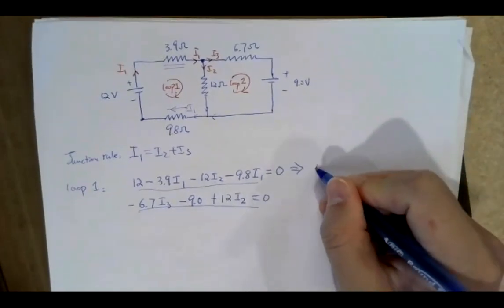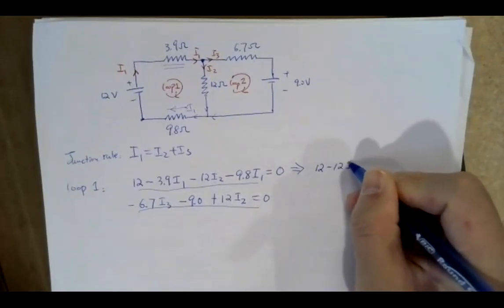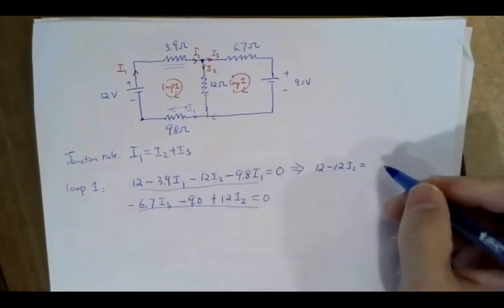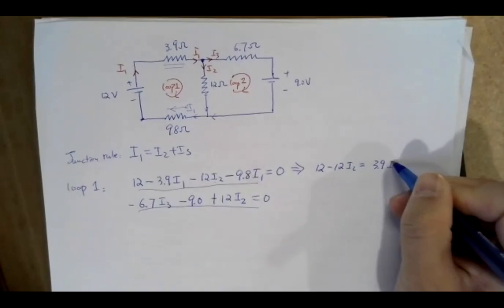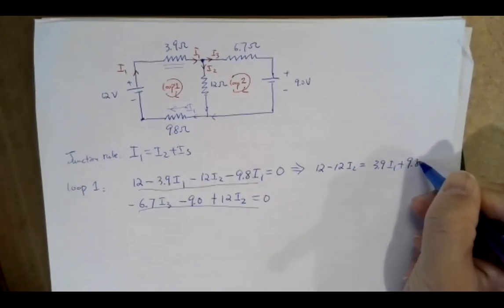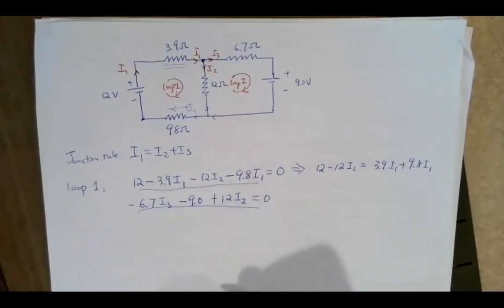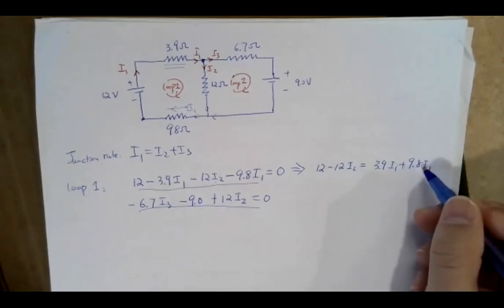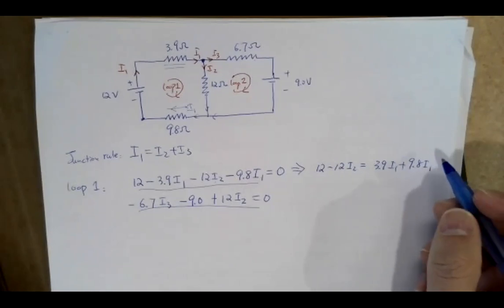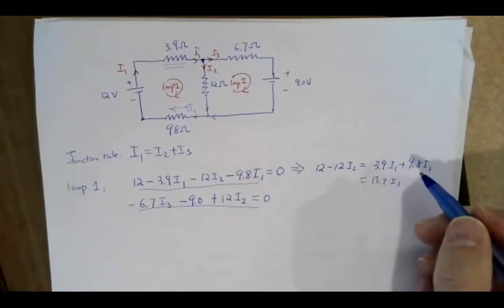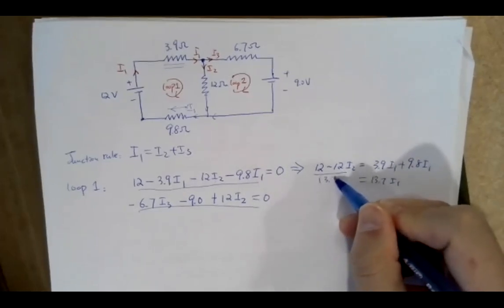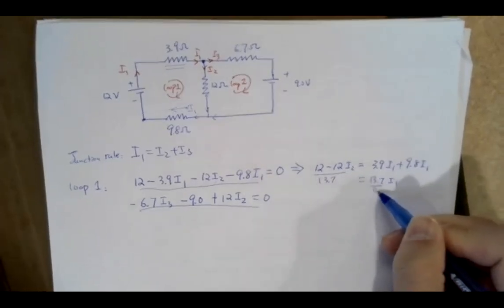So this is 12 minus 12 I2 equals, I1 goes to the other side, 3.9 I1 plus 9.8 I1. These two add up to be 13.7, so this is 13.7 I1. Then you divide both sides by 13.7 to get I1.